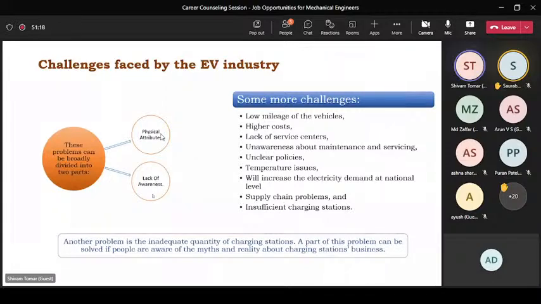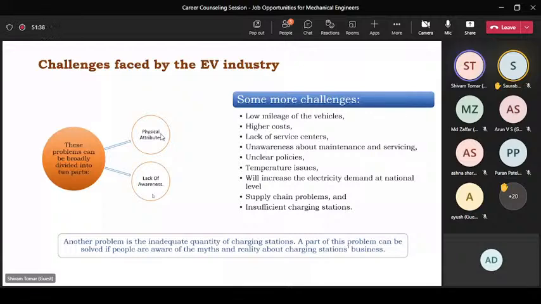You can work on this also: training people or teaching them how to handle electric vehicles, coming into contact with the industries, running some campaigns, and doing some social work on creating awareness. You can look into those things.